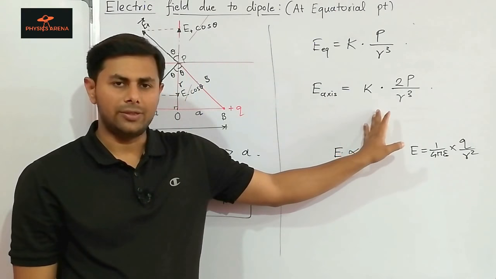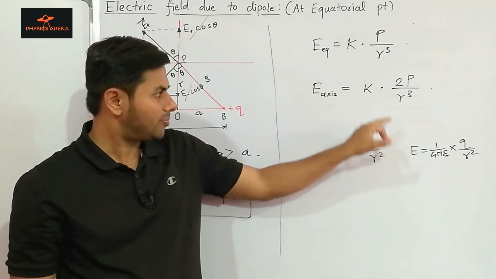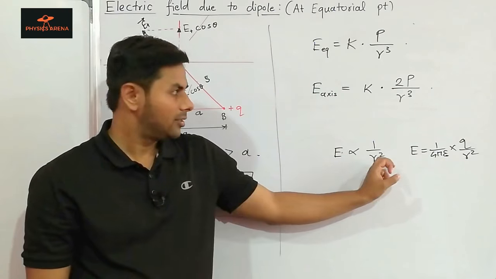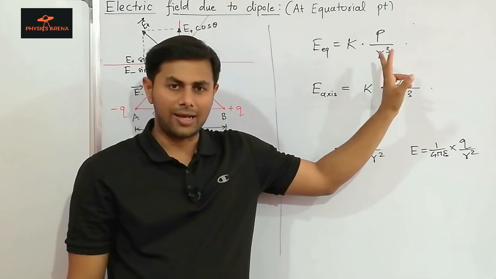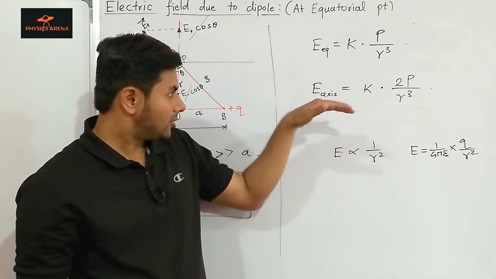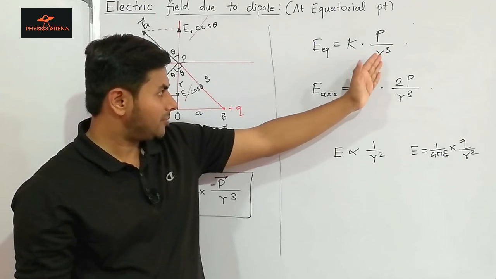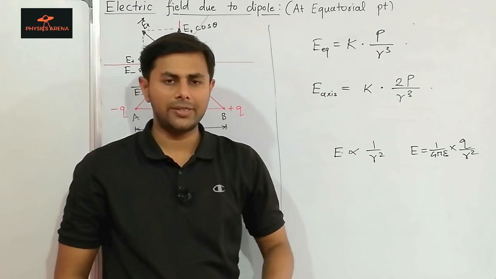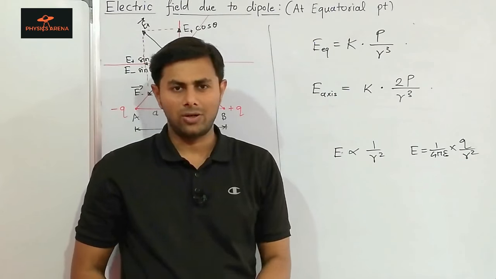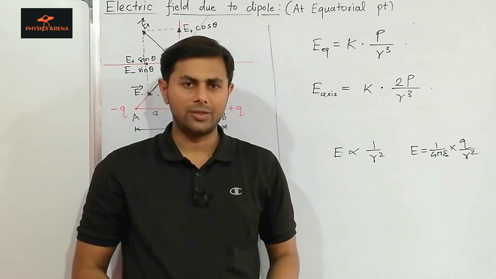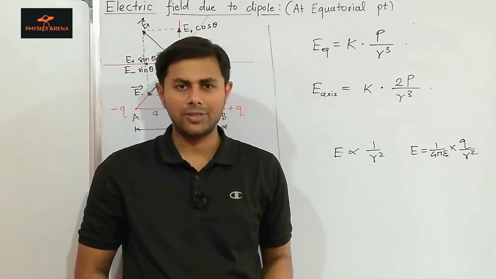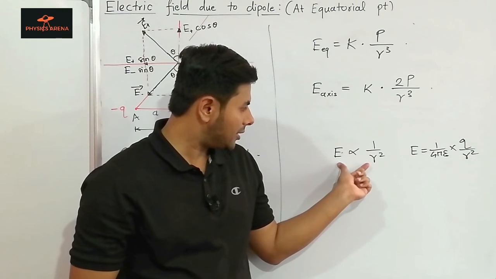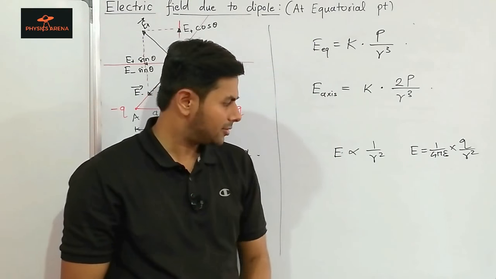But the electric field due to a dipole is much weaker compared to this one. It is inversely proportional to r cube. Okay, so let it be the equatorial point, the axial point, or any point, the electric field due to a dipole is much weaker compared to the electric field due to a point charge.